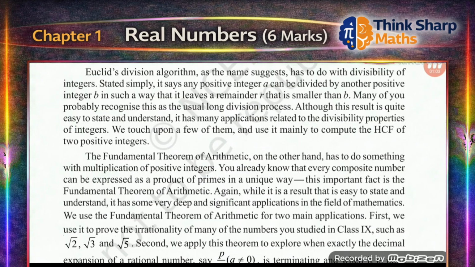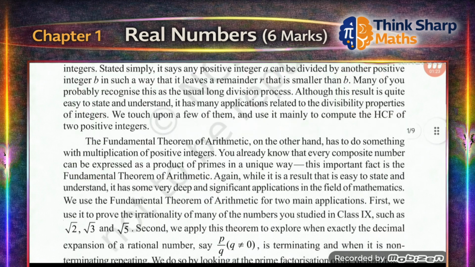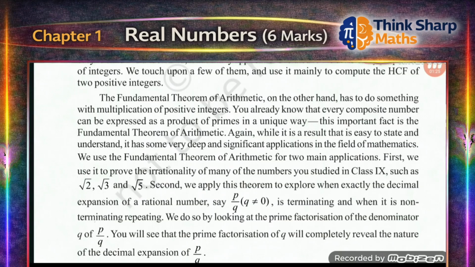The fundamental theorem of arithmetic also has many applications, but we use it for two reasons: to prove the irrationality of numbers which you studied in class 9, and second, when a number is in the form p by q, where q is not equal to 0, how that number will behave in decimal, whether it will be terminating or non terminating repeating.